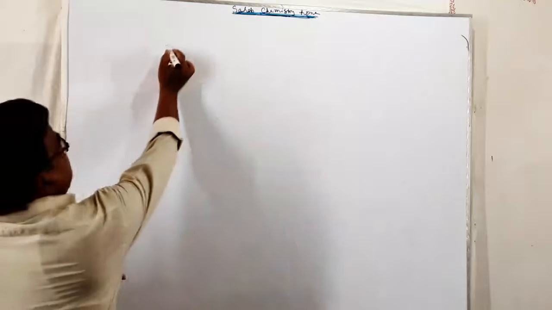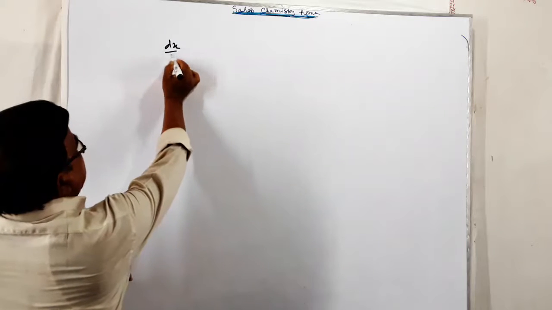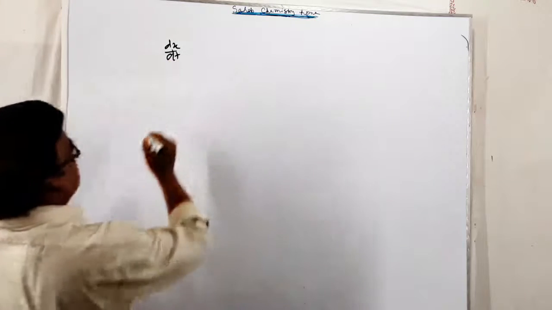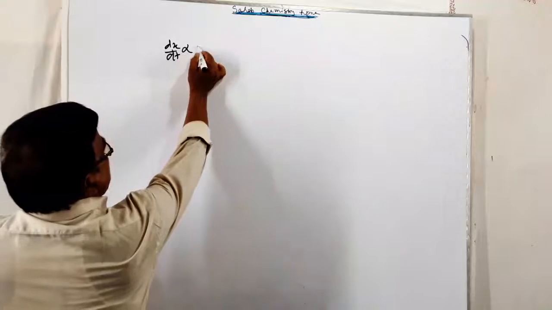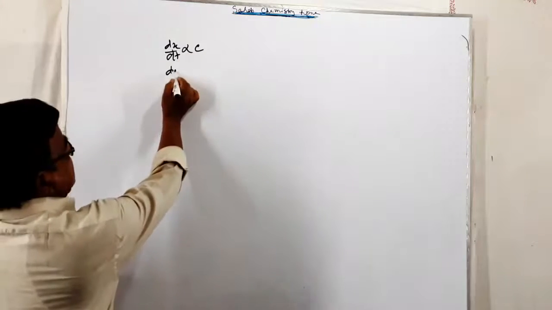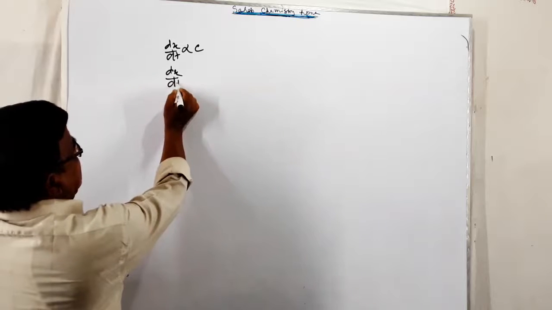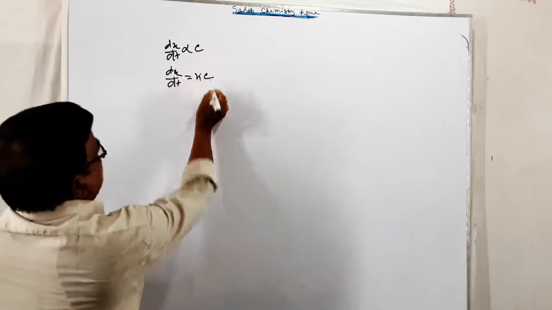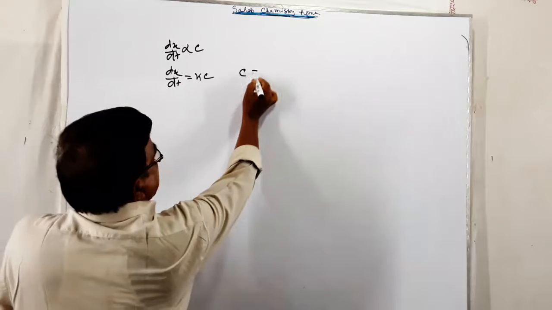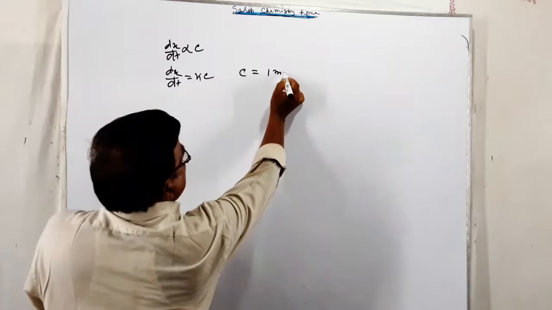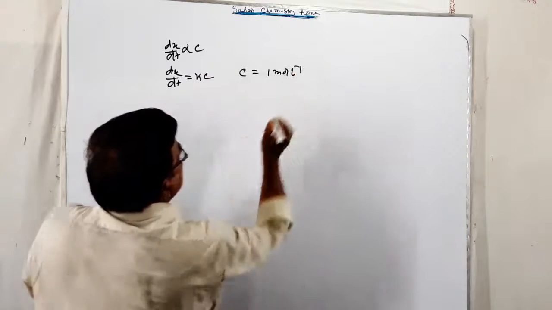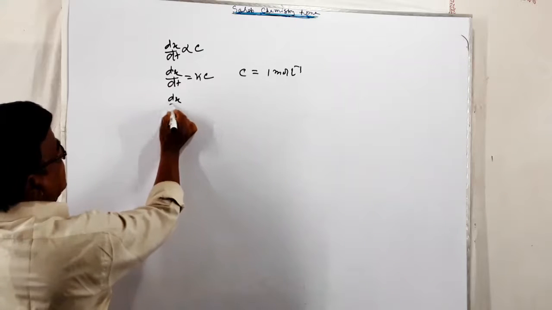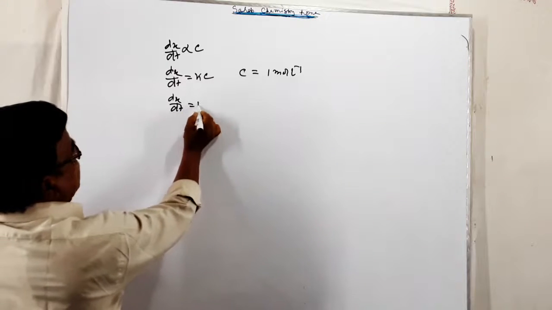That is, if dx/dt is the rate of reaction, it is directly proportional to the concentration of the reactant. That is, dx/dt = kc, where k is the rate constant. If c is equal to 1 mole per liter, then dx/dt is equal to k.